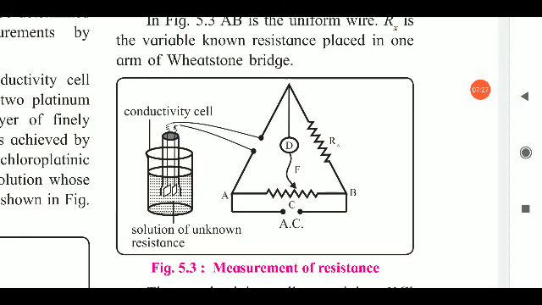This is one compartment, and the second compartment is Rx, the unknown resistance, which is useful for balancing the bridge.